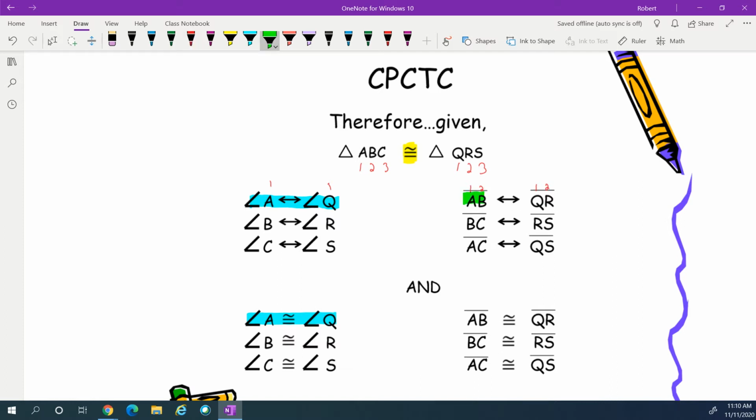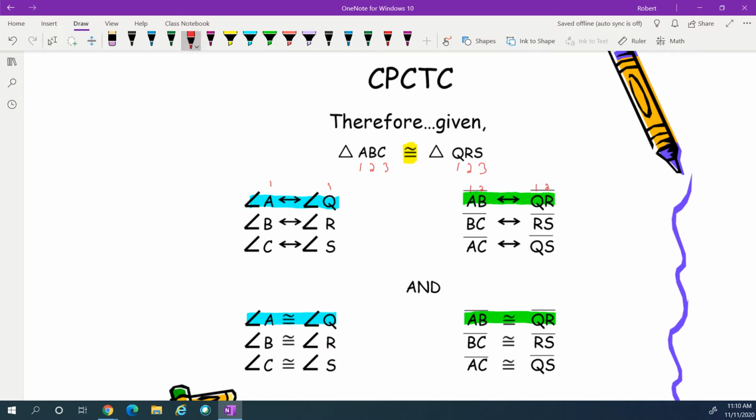Those segments correspond with each other. They both go 1 to 2. So we know that AB is congruent to QR. This idea of corresponding parts, and we want to put those letters in the matching order or corresponding order.